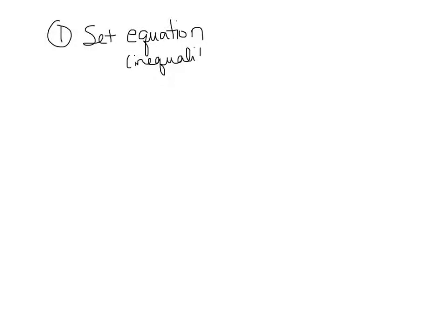So let's look at, first of all, you're going to need to set the equation, or later on when we talk about inequality, to be the absolute value of something is equal to, or greater than, or less than, whatever the inequality or equality symbol is, some number.